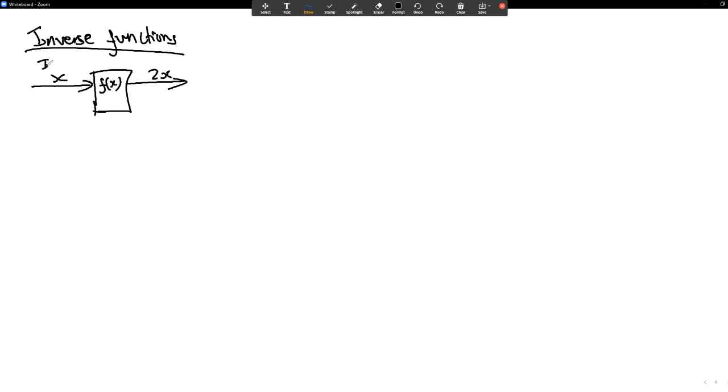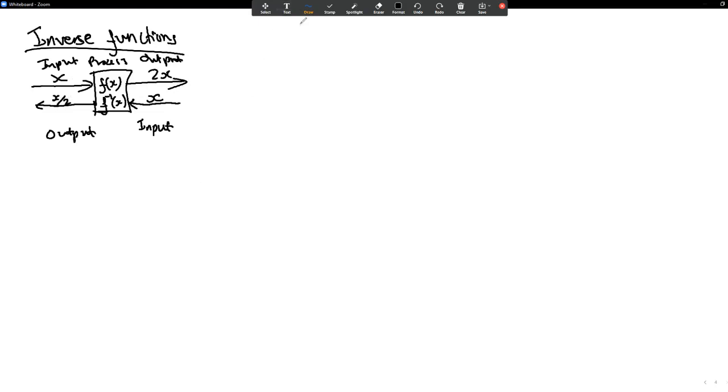So we have our input, our process, our output. So we're putting x in and we're getting 2x out. The inverse is just the opposite way. So we get an input here and we get the output here. And it does the opposite thing. So if you put x in here, you get x over 2, because it's not doubling, it's halving. It's doing the inverse function.